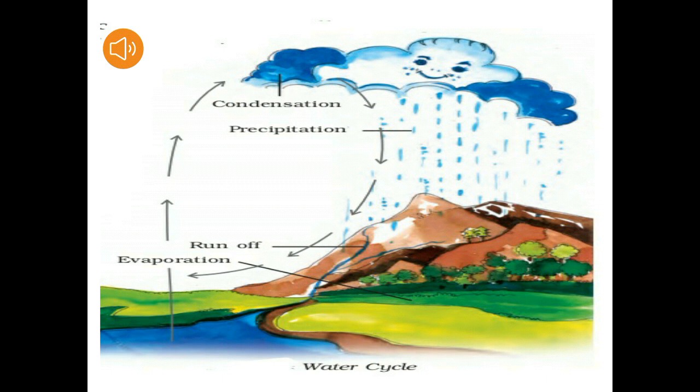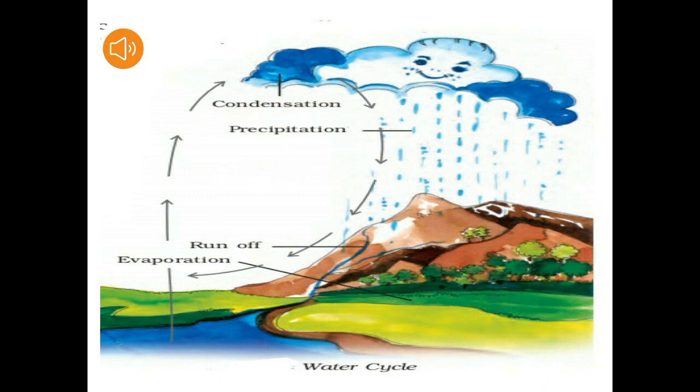When clouds become heavy and cannot hold more water, the water starts to fall down on the earth's surface in the form of rain, hail, snow, etc. And this water goes back into rivers, oceans, seas, etc. This process is called precipitation.